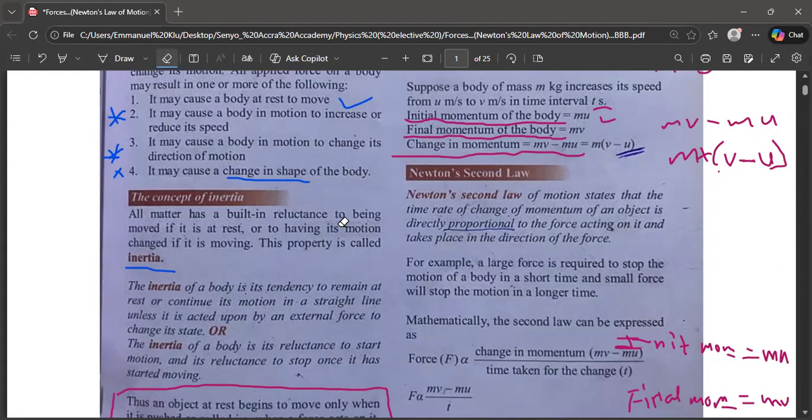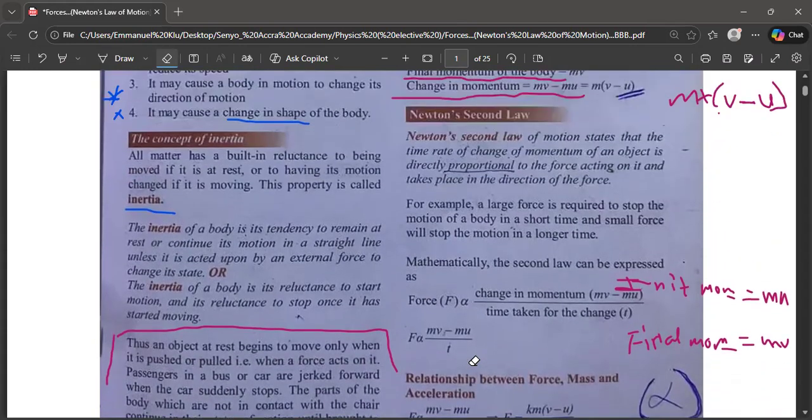Mathematically, the second law can be expressed as force equals change in momentum over time taken for the change: F equals mv minus mu over time. Relationship between force, mass, and acceleration.